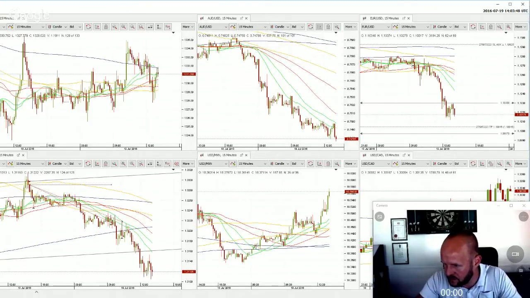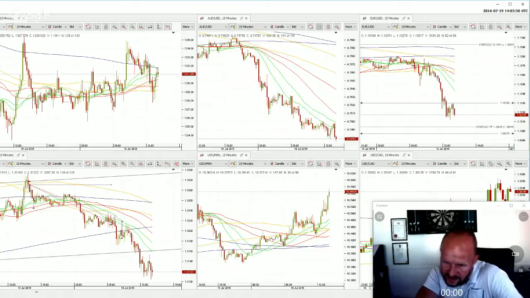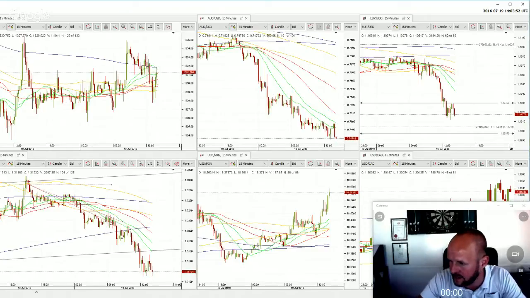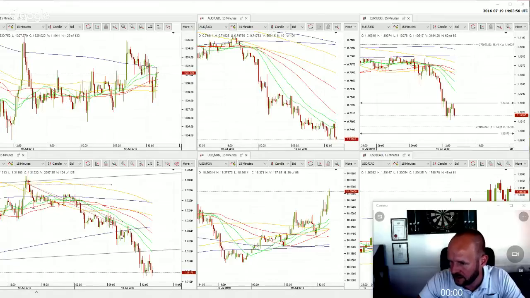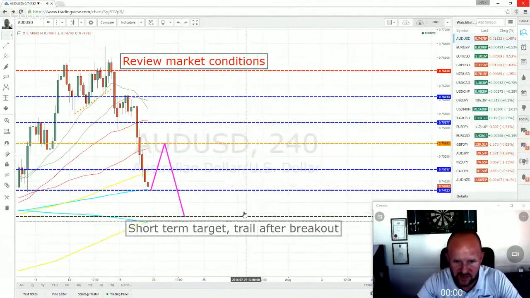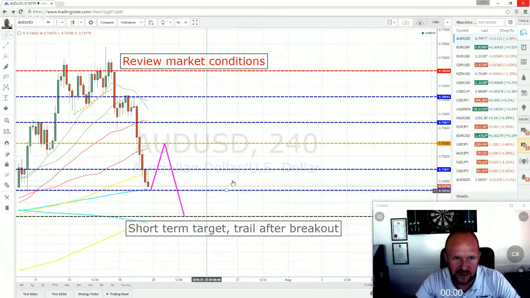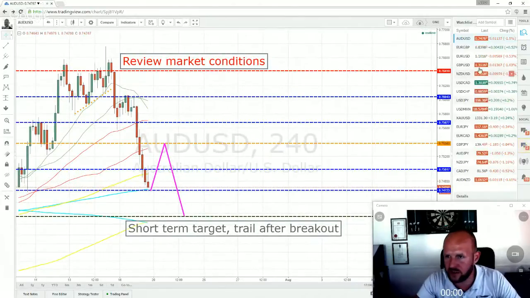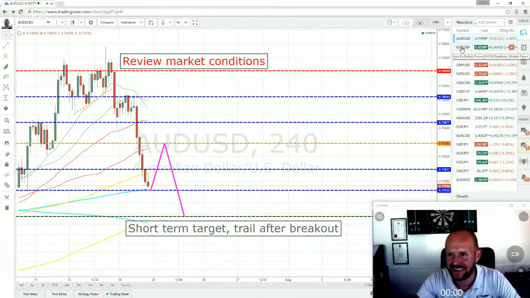Another thing I suggest you do is to watch the daily price action, the daily behavior of price on a daily chart, and you'll be able to kind of see what is actually going to happen next, tomorrow, maybe after tomorrow.